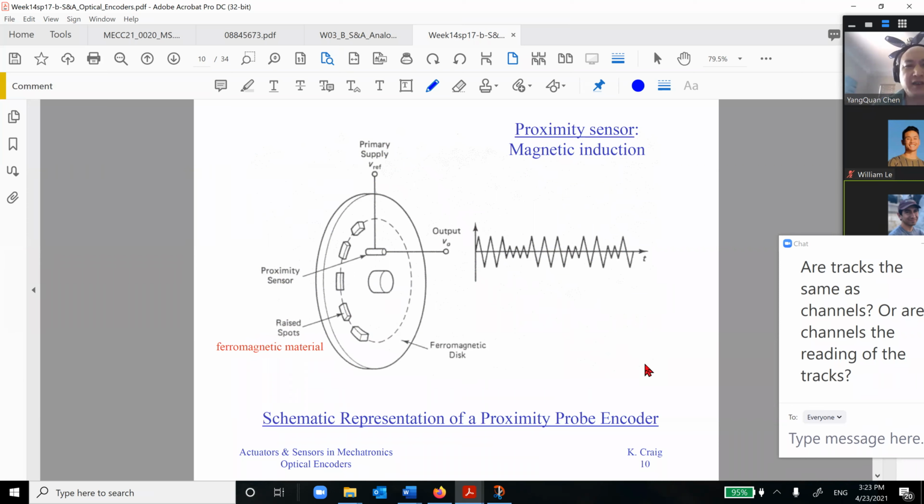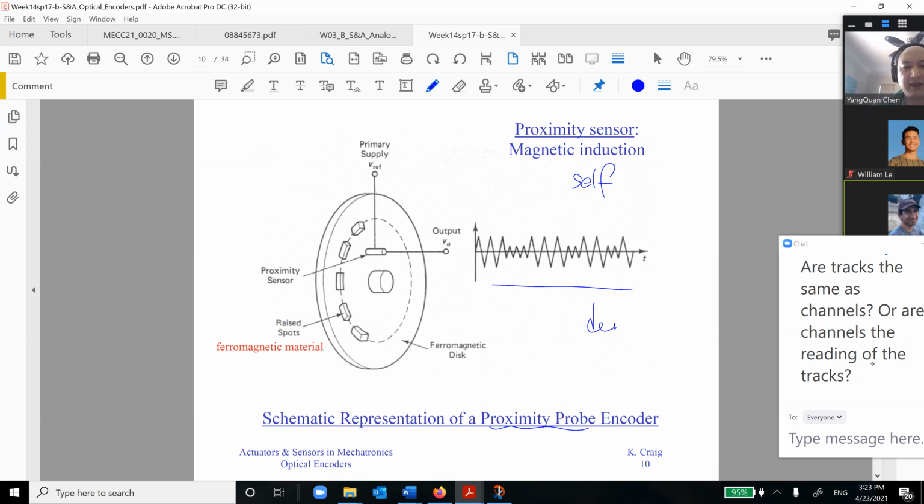Also, people use proximity sensors using magnetic induction. Induction means self-induction. We have learned this proximity probe idea. So the same thing, we can get a different waveform like that.